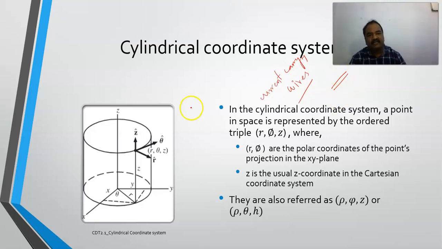And if we take a cylinder, as shown in this figure, normally in the XYZ coordinate system, we have seen that any point is represented in the form of coordinates.